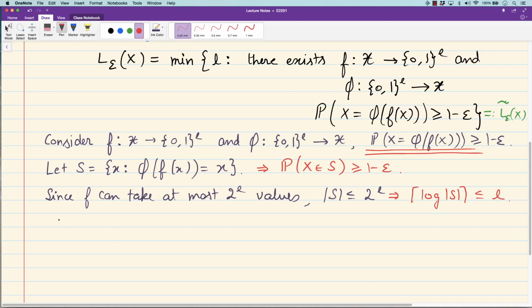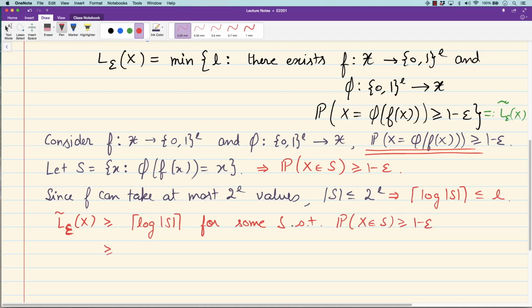Okay. So L epsilon tilde x, which is this right side here. If you look at the minimizing mapping, you can find one S such that this is greater than or equal to log of cardinality of S, for some set S defined this way, such that probability of x in S exceeds 1 minus epsilon.